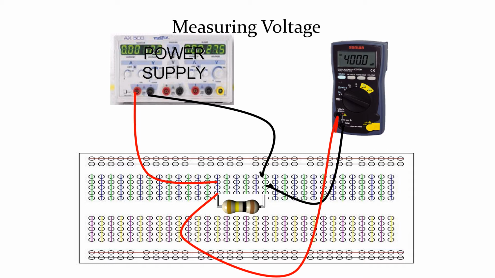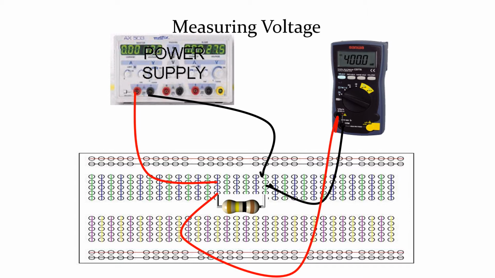This is how you measure a voltage. You have one resistor and you put it on the breadboard. To measure a voltage, you need to have a power supply and a resistance.